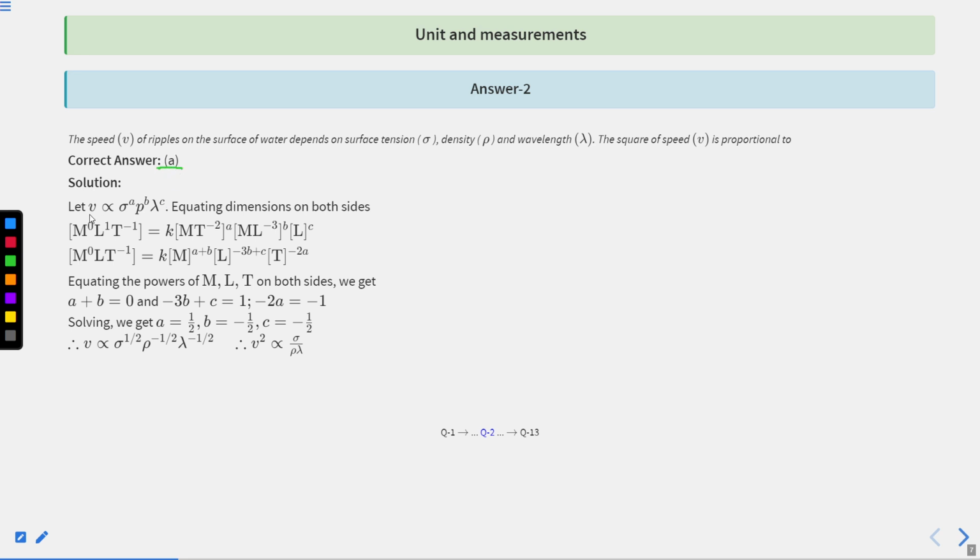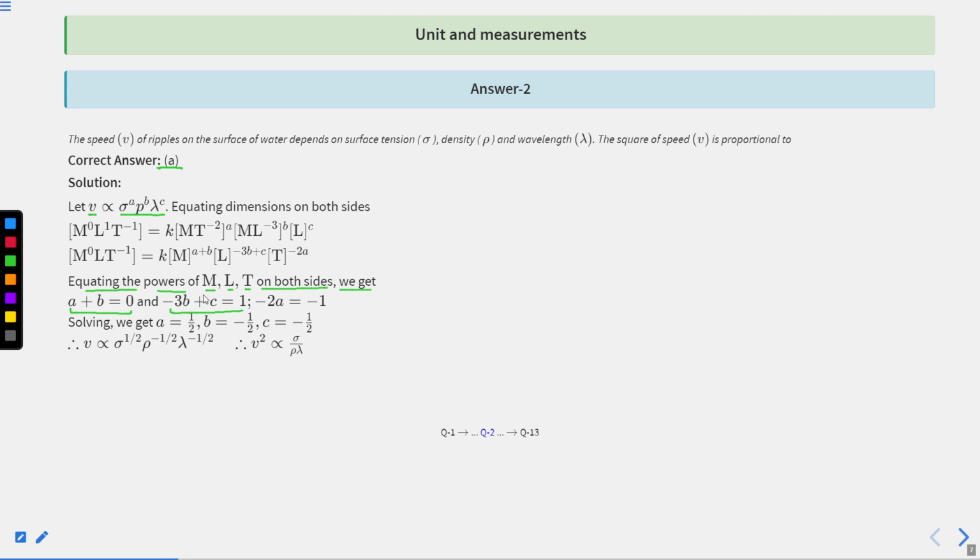Because v is directly proportional to sigma raised to the power a, rho raised to the power b, and lambda raised to the power c. Equating the dimensions on both sides, clear? After equating the powers of M, L, T on both sides, we get these equations. First equation is this and second equation is this: minus 3b plus c equals 1.